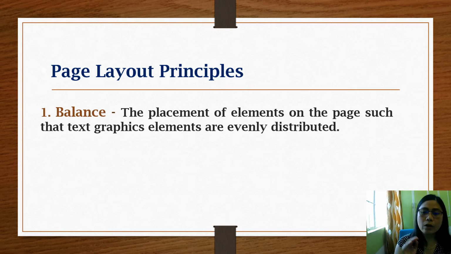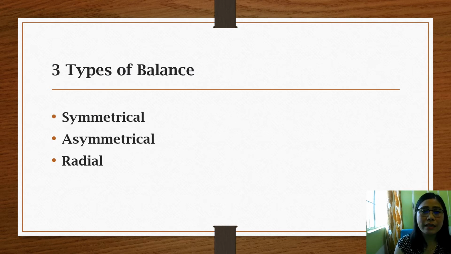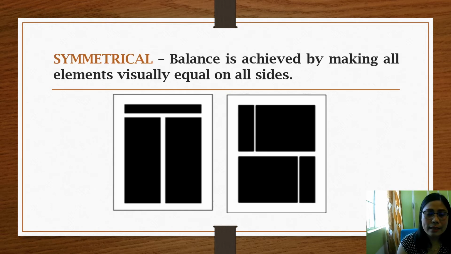So, there are three types of balance in graphics. We have symmetrical, asymmetrical, and what we call radial. So, let's first discuss symmetrical. Symmetrical balance is achieved by making all elements visually equal on all sides.